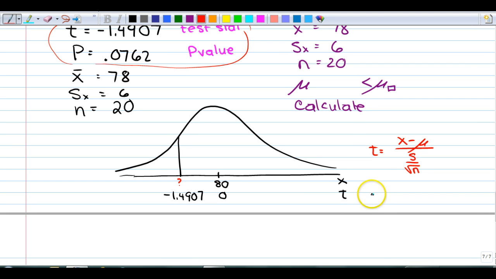I know the t statistic is negative 1.4907. That equals x minus my null hypothesis mean of 80 over my standard deviation divided by the square root of 20. And we could solve for x to get that value. If you're doing the critical thinking test, you should.